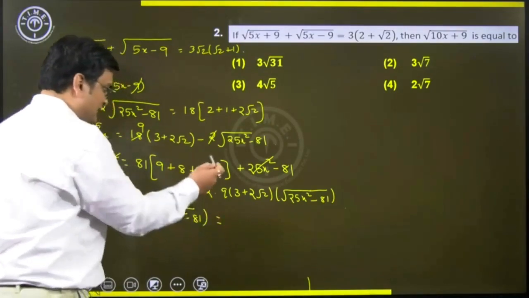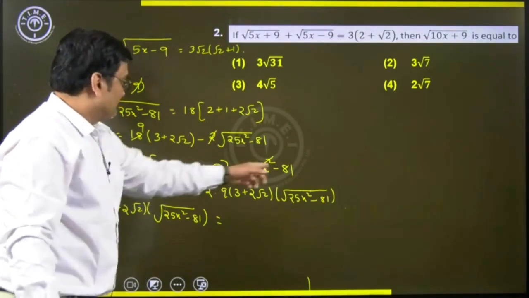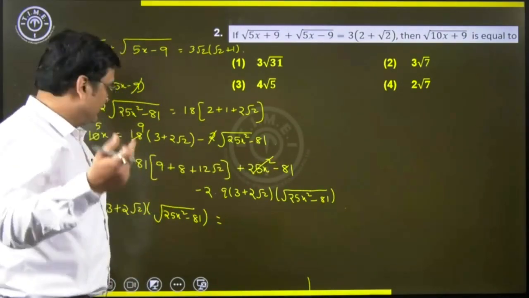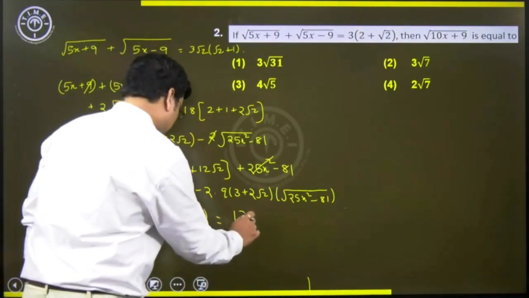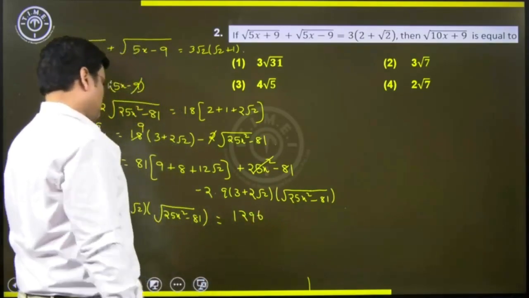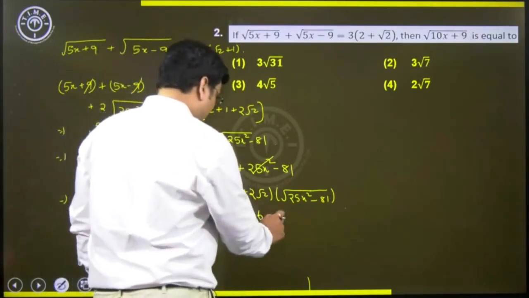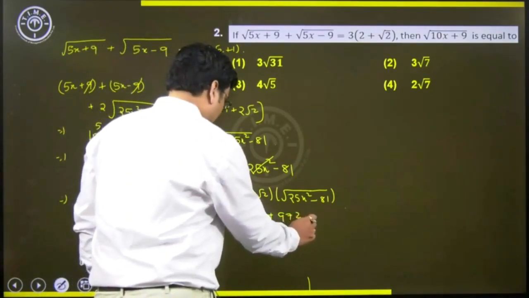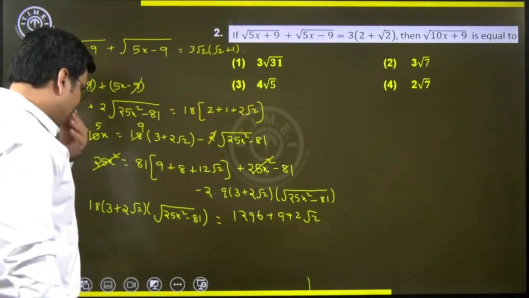And on the right hand side I will be left with 81 into 17 minus 81. So it becomes 81 into 16, which is 1296. 81 into 12 will be 972 root 2. This is what I'll be left with.